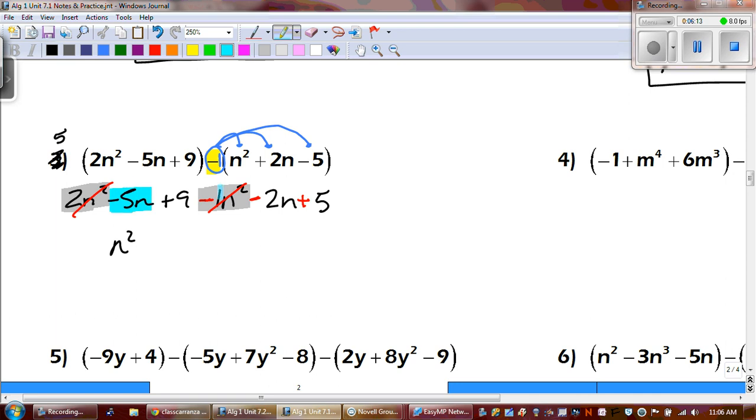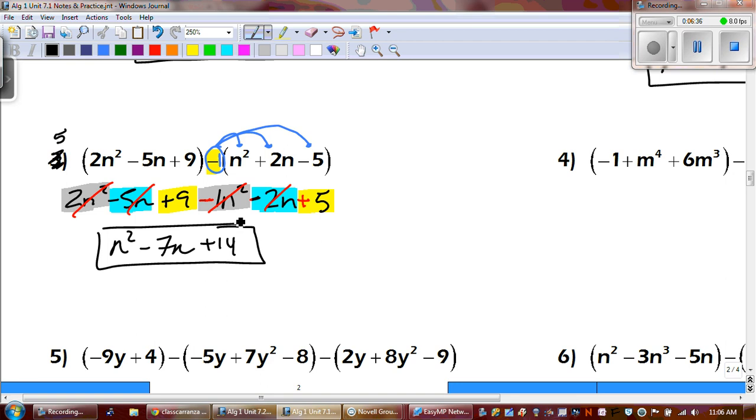Now I'm looking for my n's. -5 minus 2 is -7n. And then last, we got our +9 and our +5, which give us +14. And we can't combine anything else.